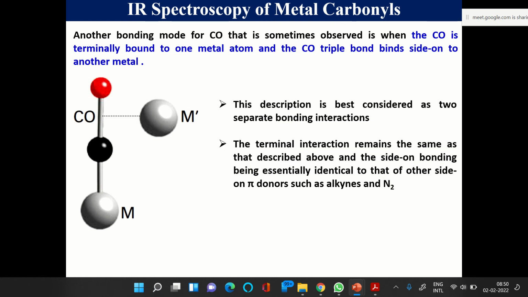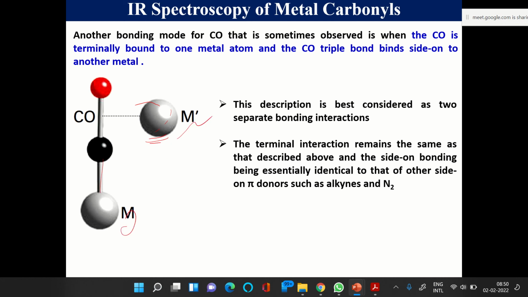Other than that, a very different way of metal carbonyl compound bonding is this scheme, where the pi electron cloud of CO overlaps with the metal center. This is in addition to the one bond which is already there, so this is also metal, this is also metal.